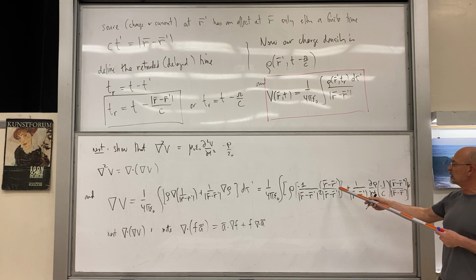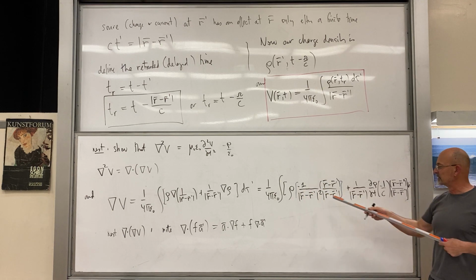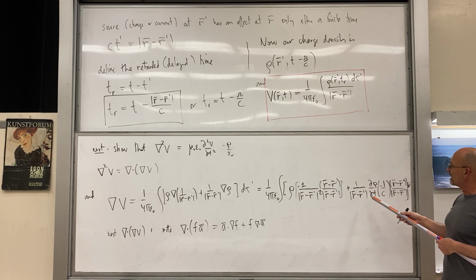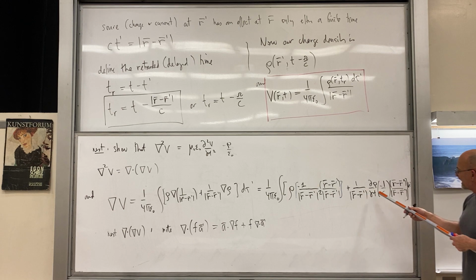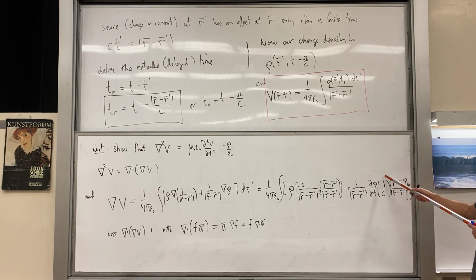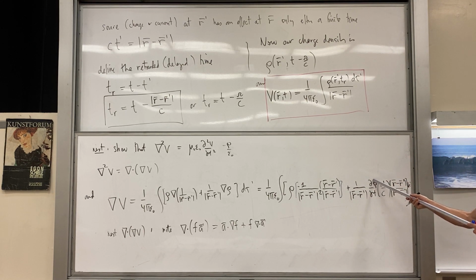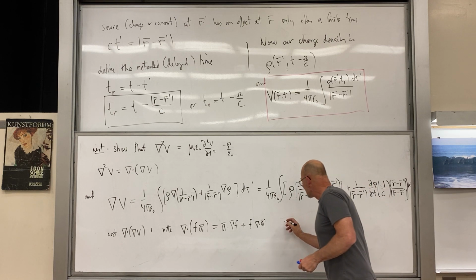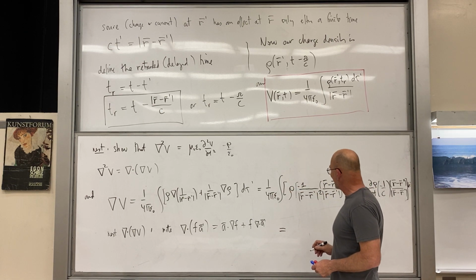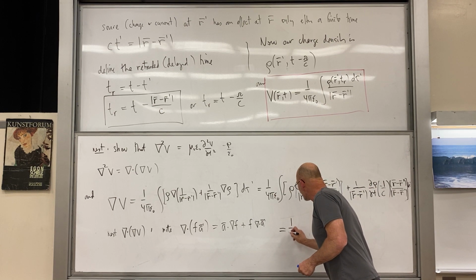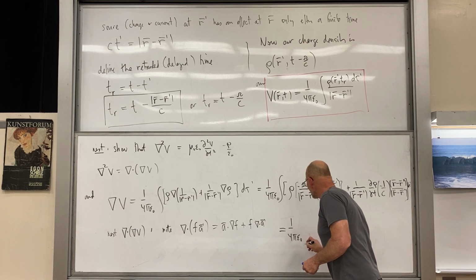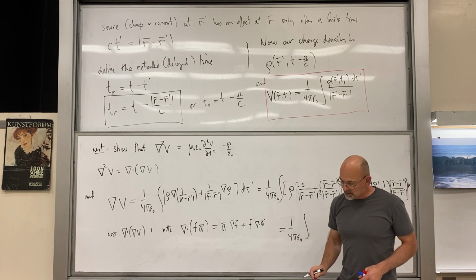vector dotted into a unit vector, so I'm just going to turn this into a magnitude. With the d rho dt, we're just going to cancel the one when we do the product rule here, and then the other product rule that doesn't get canceled is going to be bring out the second derivative of rho here, d squared rho dt squared. So that's why I'm just going to write down the answer. So we're going to have, well, not quite the answer, 1 over 4 pi epsilon naught integral.